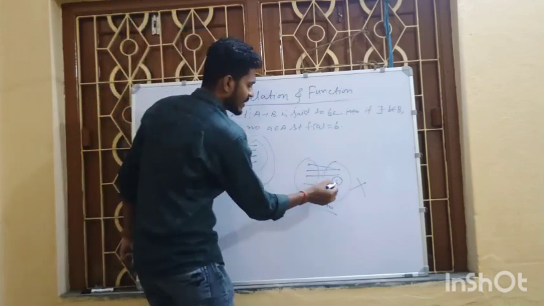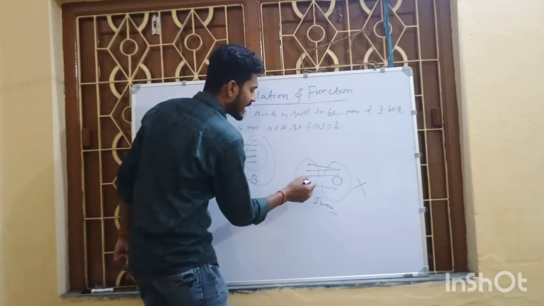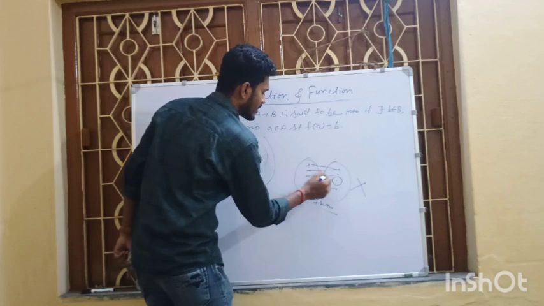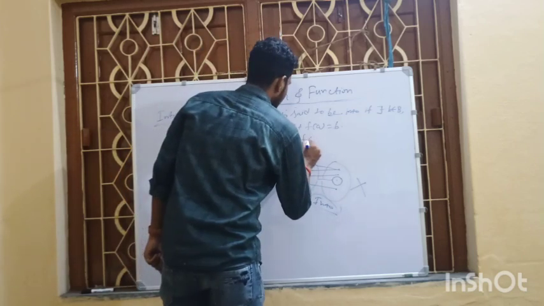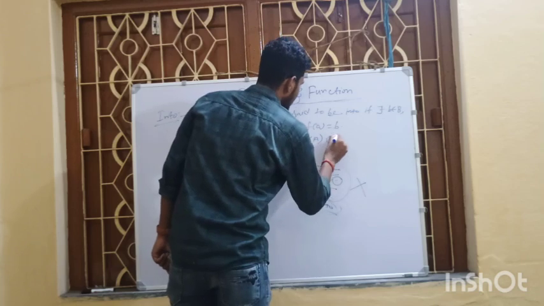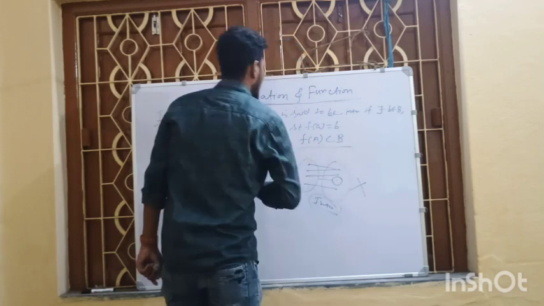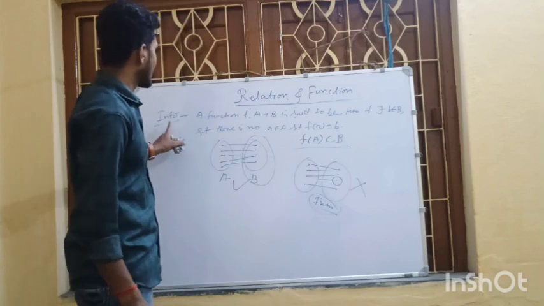If this is our element in set B, there is no a for which it is mapped to. So this is our into map, and in this case the range set is a proper subset of set B.